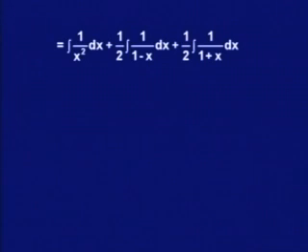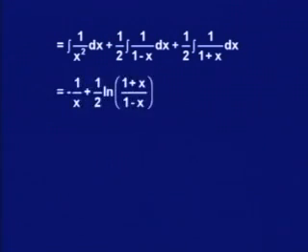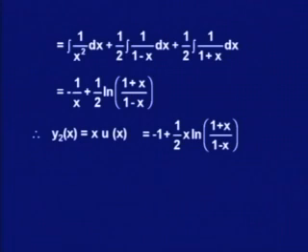Again one more partial fraction: 1 upon x square dx is one integral, second integral is half of 1 upon 1 minus x dx, third integral is half of integral 1 upon 1 plus x dx. Now, integrating these we get minus 1 by x plus half log of (1 plus x) upon (1 minus x). So, what will be the second solution? x times u(x), that would be minus 1 plus half x times log of (1 plus x) upon (1 minus x).